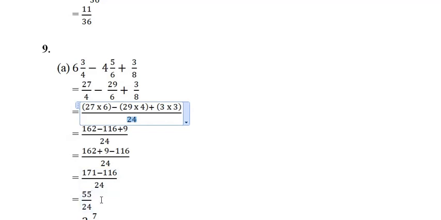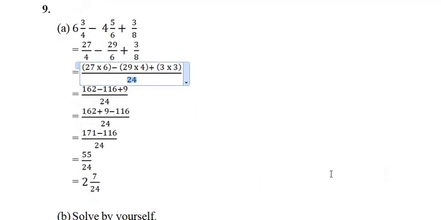You can close the answer here only, or you may proceed further to convert into a mixed fraction. But I want to repeat one more time that after finding the LCM and reaching this step, you will bring this positive number to the front, because this number 162 is also a positive number.